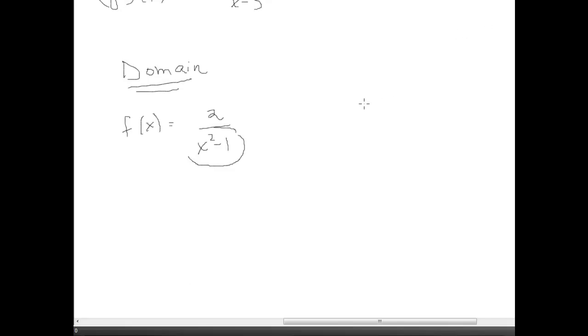Another situation you should be aware of that we've talked about are square roots. What if I had something like the square root of 2 minus 3x? I can't take the square root of a negative number. So these are two situations where my domain is going to be restricted.